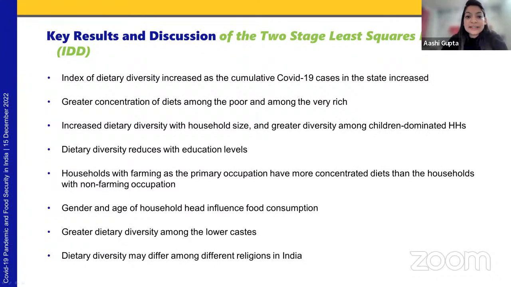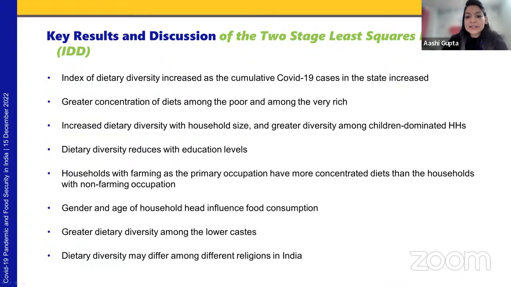Second, we see greater concentration of diets among the poor and among the very rich. And this is true in both rural and urban areas. Among the poorest, a larger share of staples may explain this. Among the richest, substitution of more expensive sources of calories for cheaper sources, but not necessarily greater variety, may explain this.